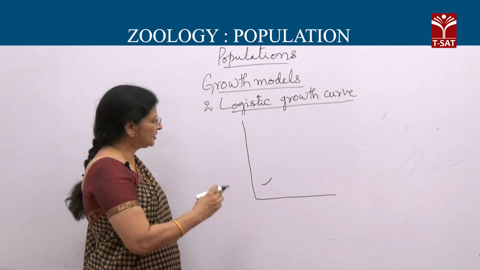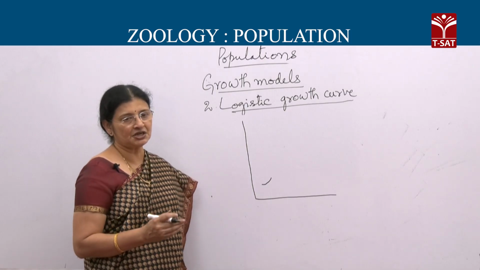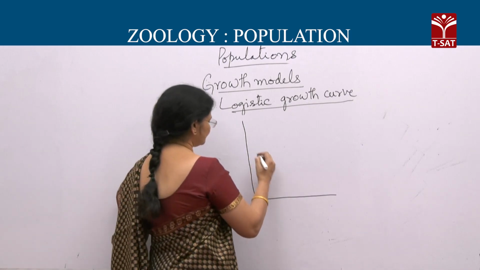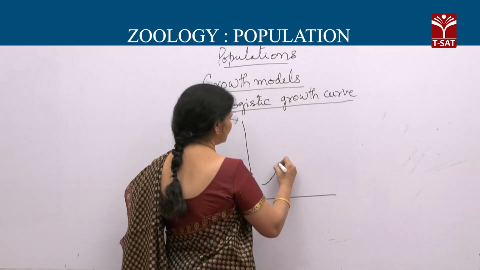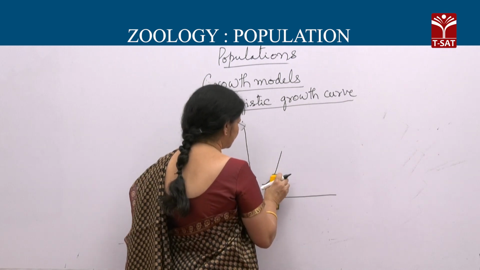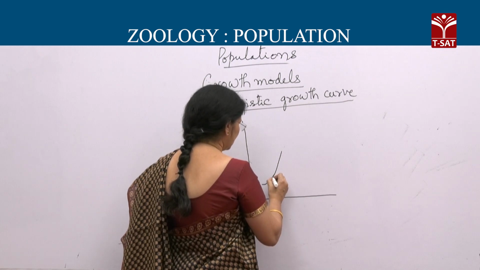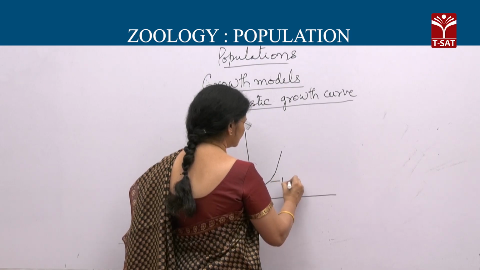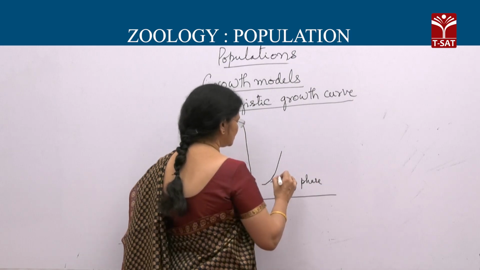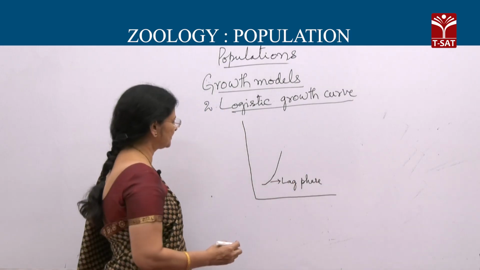So initially growth rate would be less. After that, the growth rate would be fast. So the initial stage is called lag phase. Slow growth rate will be there.